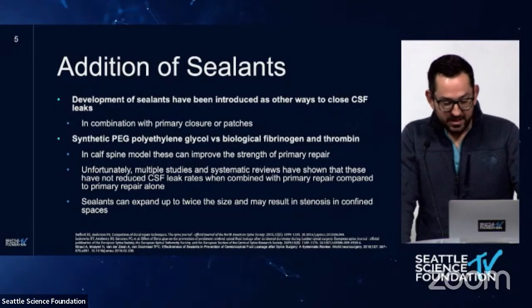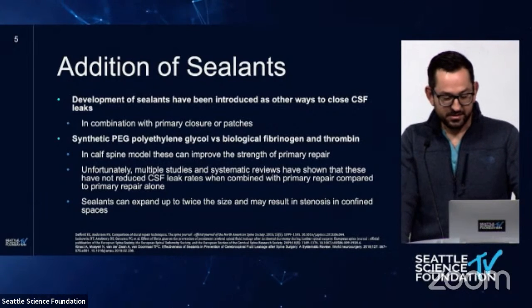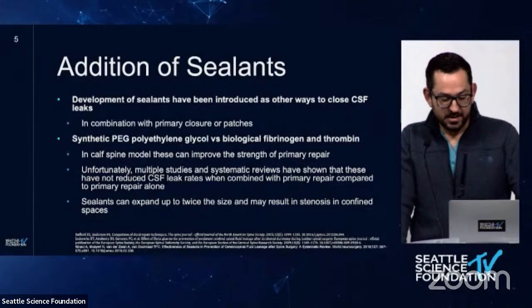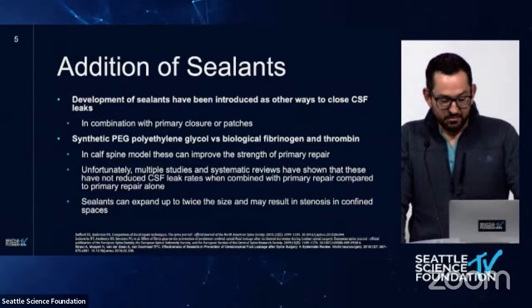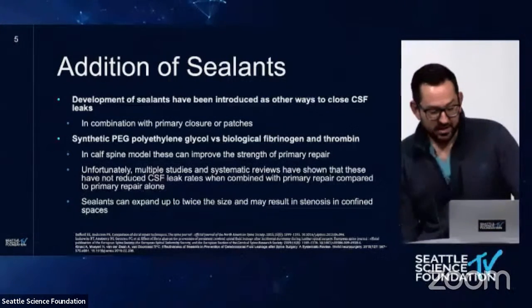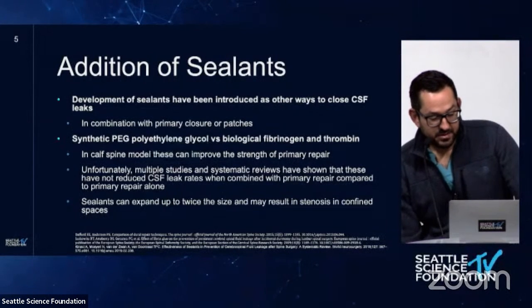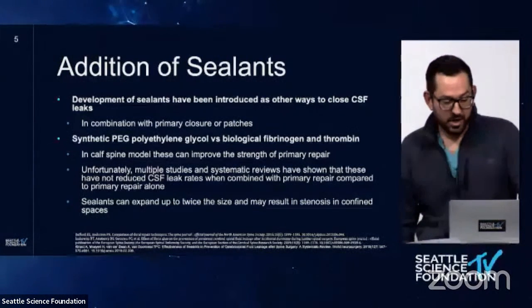The addition of sealants, there's some different sealants that are out there from different companies. Some on-label, some off-label for usage on dura for closures of CSF leaks. The big two are synthetic polyethylene glycol versus biologic fibrin and thrombin products.